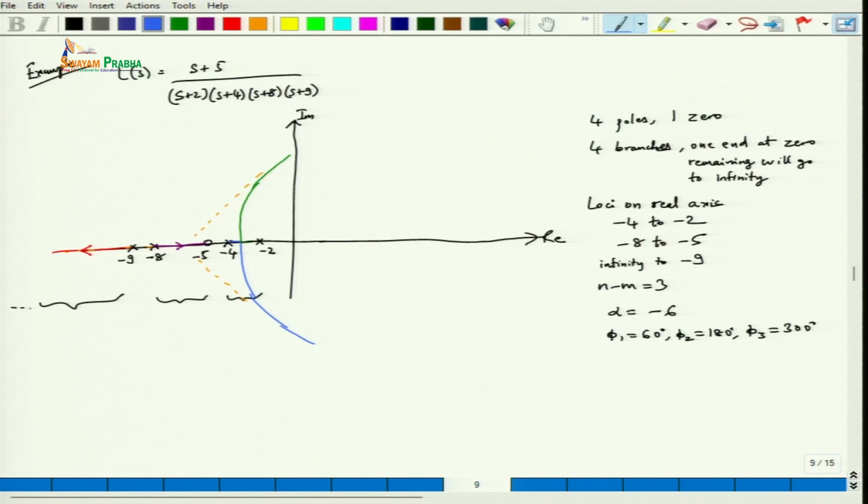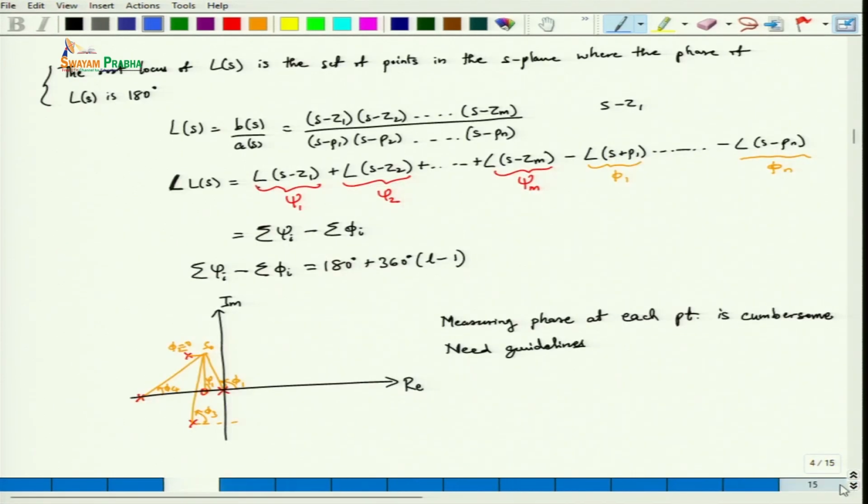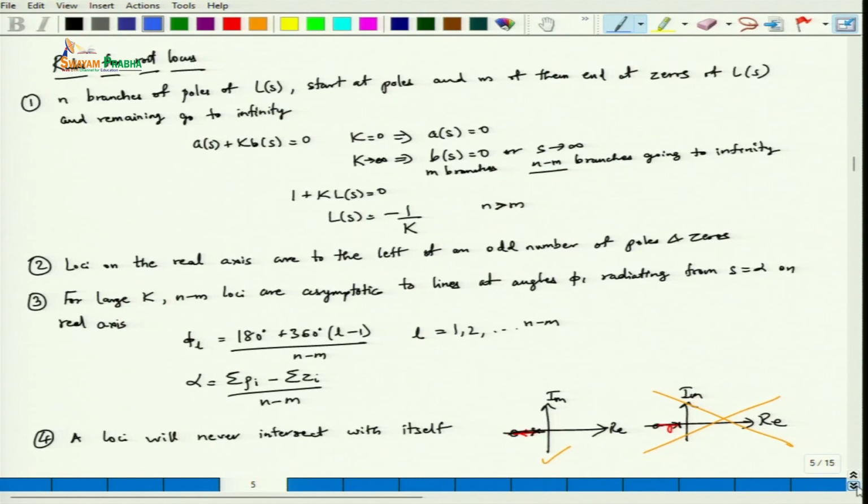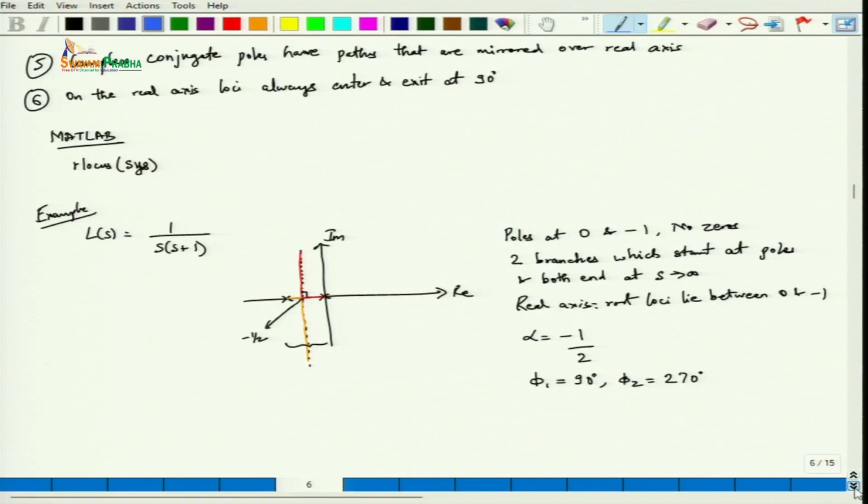We have studied root loci. We started with a simple quadratic and did this root loci using the phase of L of S, but both these methods were quite lengthy. Then we studied the rules for root loci, the guidelines which already exist for root loci, and considered a number of examples.